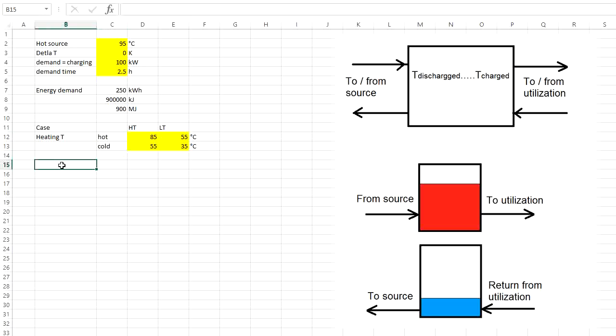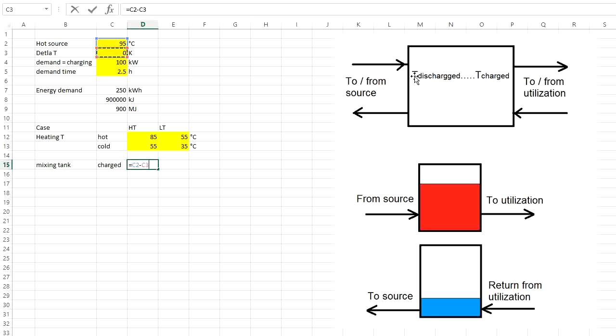And now we will put in the temperatures in the tanks, where we will start with the mixing tank. So when the mixing tank is charged, its temperature is the temperature of the heat source, eventually minus some temperature difference on some heat exchanger, if it would be present.